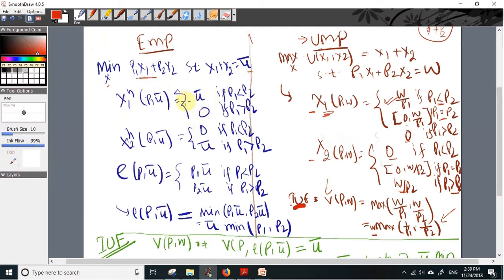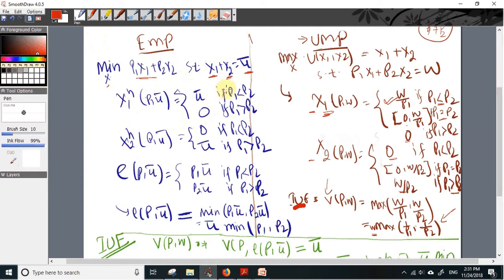Here also it cannot be solved from Lagrangian optimization principle or by using the tangency rule. So we consider two cases. If P1 is less than P2, the consumer will buy the first commodity only, and the value of x2 will be 0.